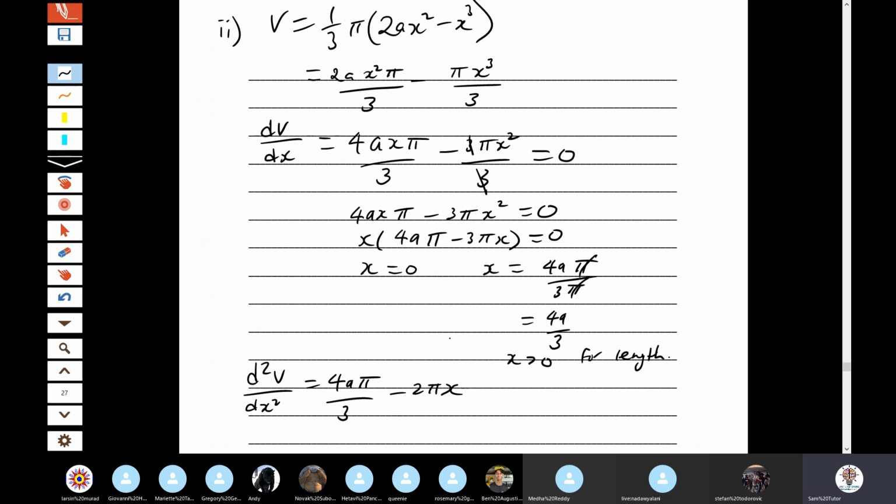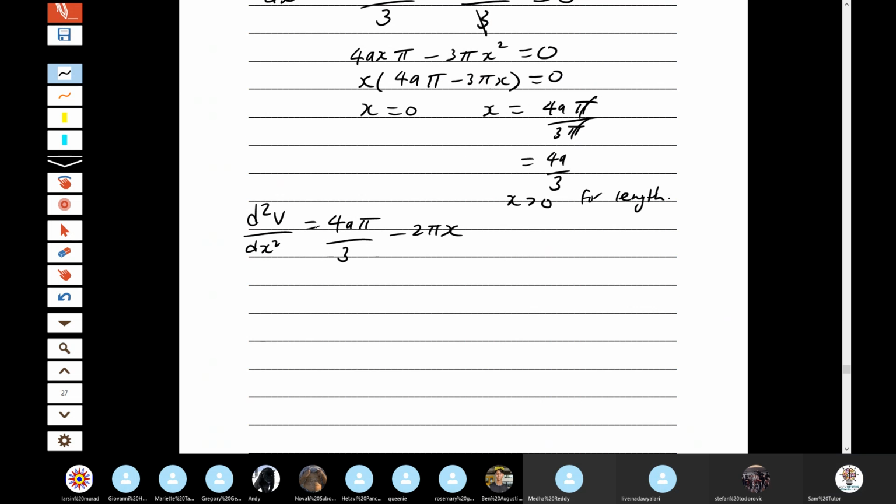What do we do at this stage usually? Equal to 0? No, that's to find point of inflection. Sub in x. We had to actually substitute where you're at. We're at x equals 4a on 3. Sub it in.